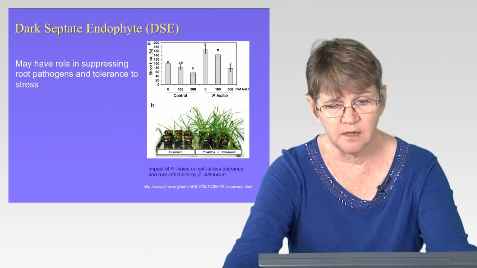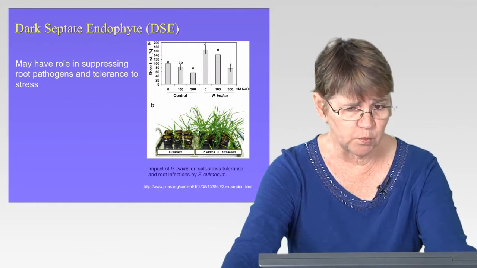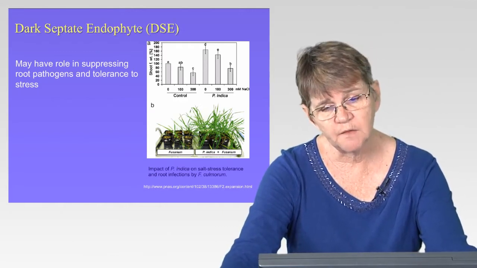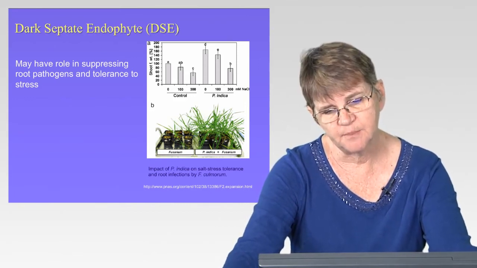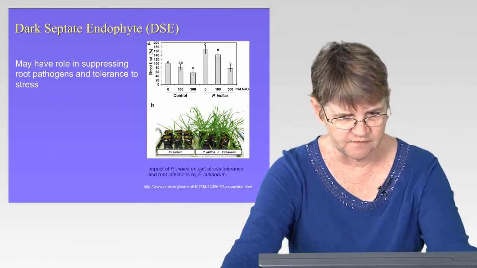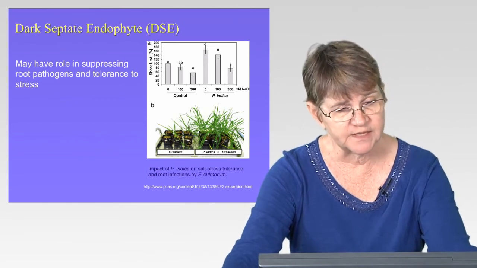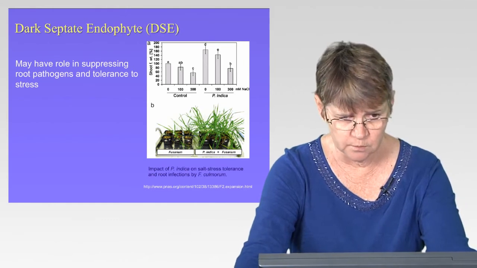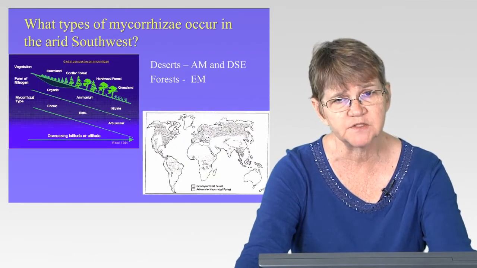With non-DSE roots, you had lower growth and more disease. But if you look on the right, you see a combination of the DSE fungus and Fusarium, and you can see that the plants are growing better and there's less root infection. So we do know that they have a role in suppressing root pathogens and in tolerating stress.